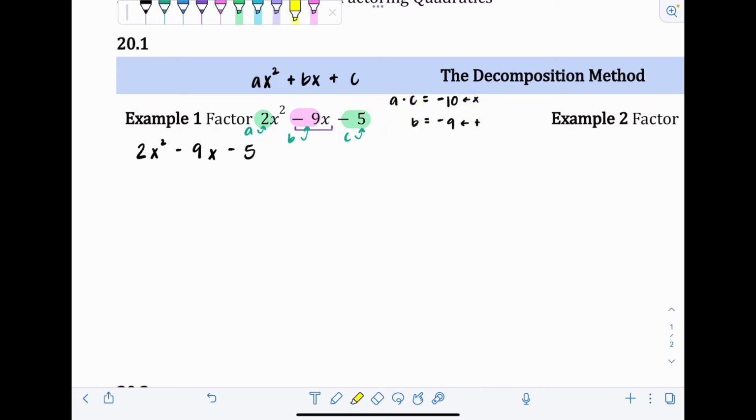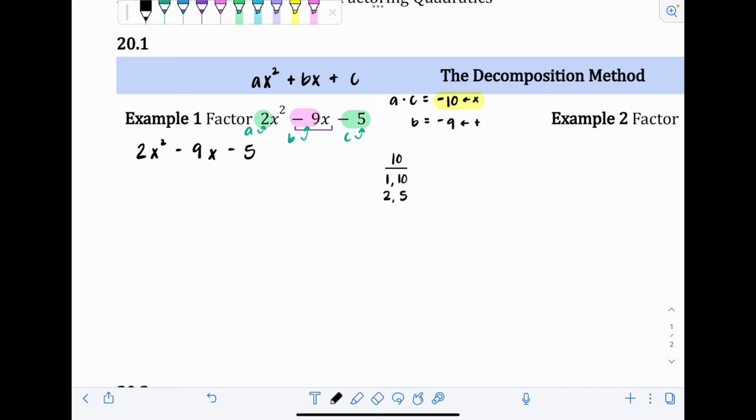One of the best approaches when we're first starting off with this method is to write all the numbers we know that multiply to negative 10. We're actually just going to do 10 first, and then we'll talk about the negative after. The factors of 10 are 1 times 10 and 2 times 5.